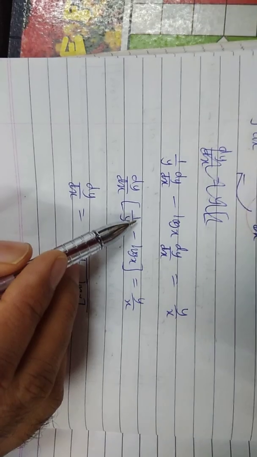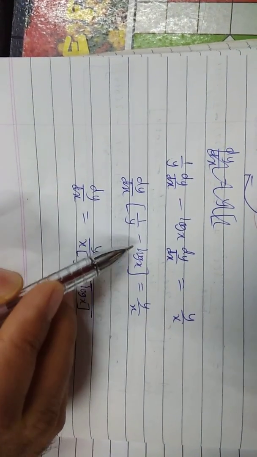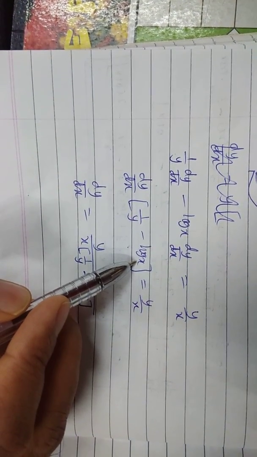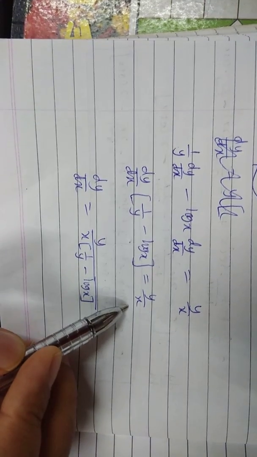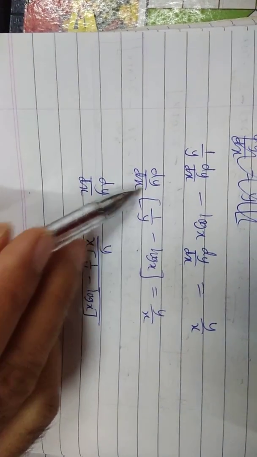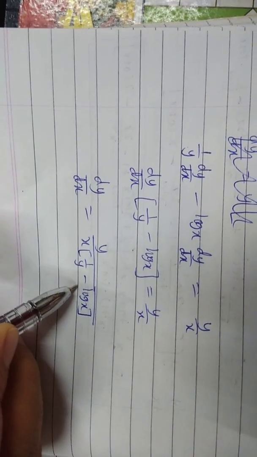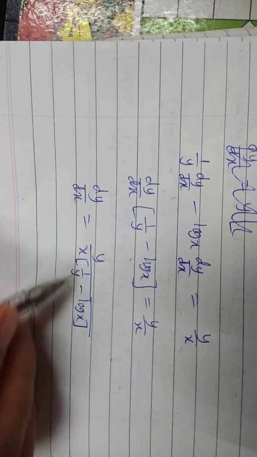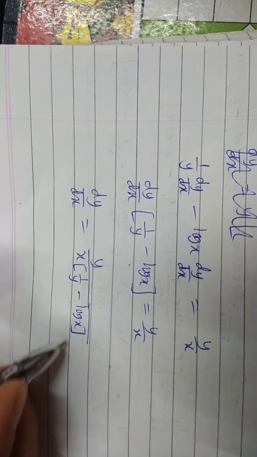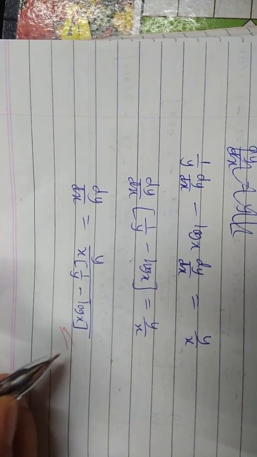So only 1 upon y will remain, minus log x from the second term will remain, equal to y upon x. So dy by dx equals y upon x divided by this bracket, which we write in the denominator. If you want to solve further, you can, but this much of an answer is also sufficient. Thank you.